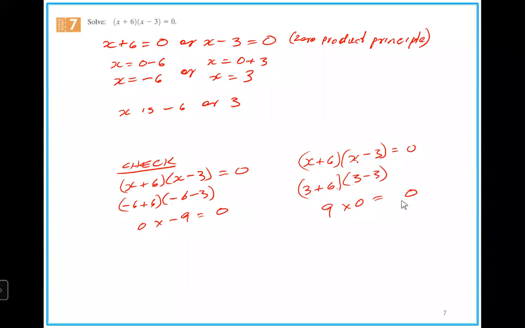So that's also true. So it works for both. Okay, so that's your zero product principle application to solve a quadratic expression. So once you have the quadratic expression factorized, you can solve it using this approach.